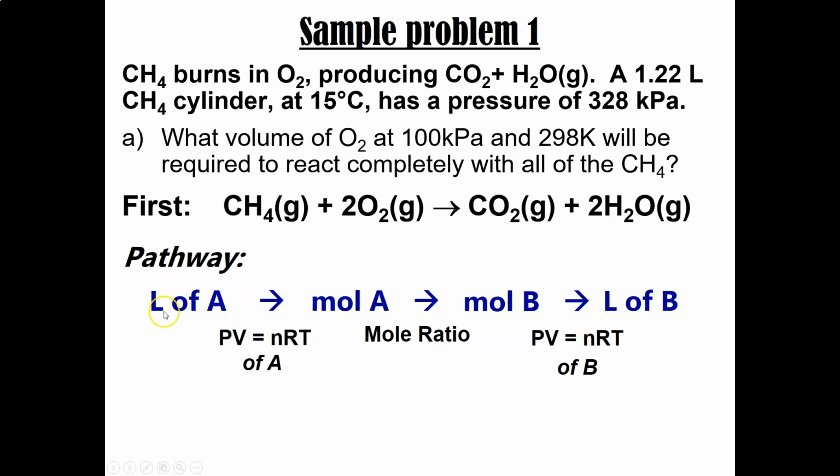So we are starting with liters of A, ideal gas law to find moles of A, mole ratio conversion factor, dimensional analysis to get moles of B, plug it back in to ideal gas law with the new temperatures and pressures, and find out how much space the B gas would take up. Okay, so let's give it a try.